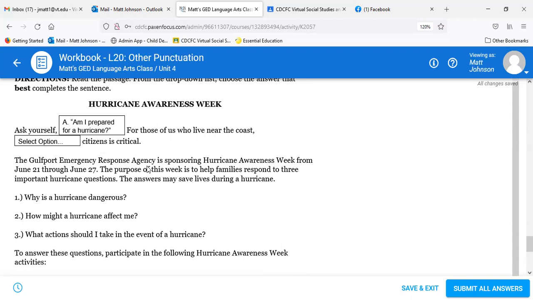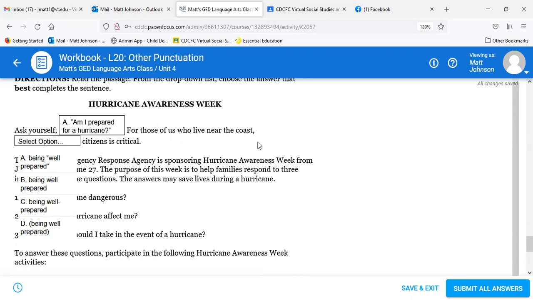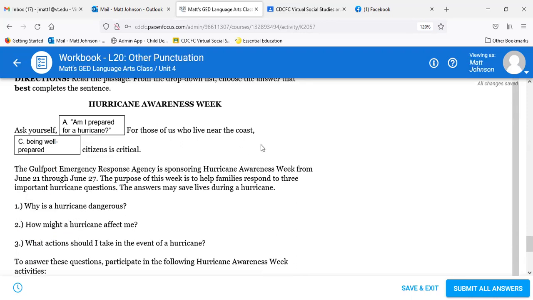For those of us who live near the coast, being well prepared, Grace, what do we put here? C. Yeah, C. So you use a hyphen, right?